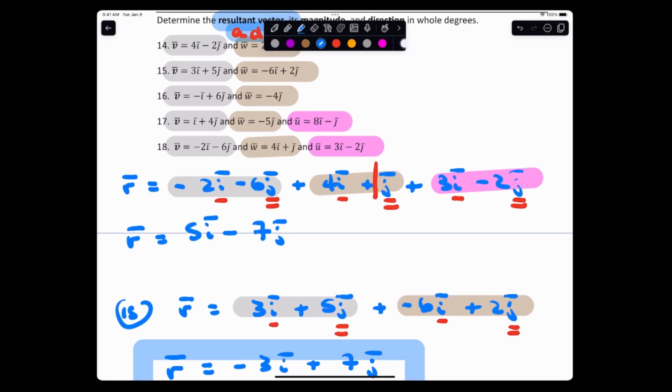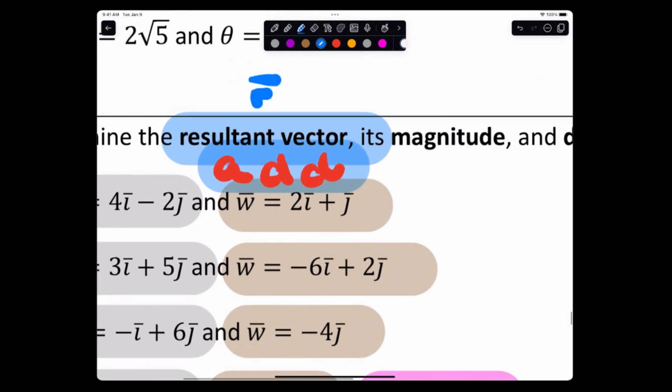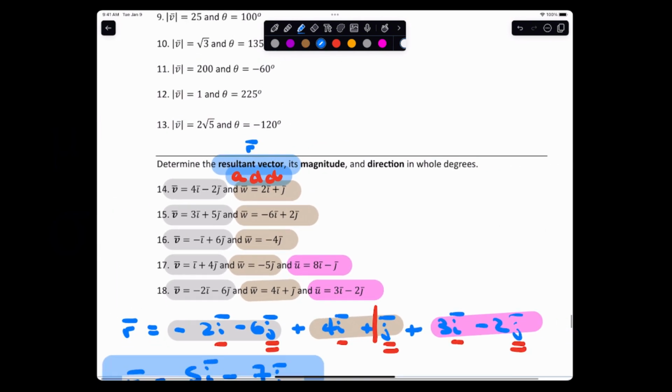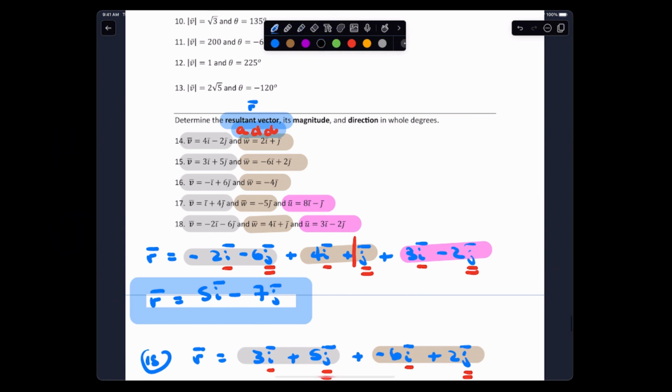This is the reason you care about the ij form, because when you do vector arithmetic, or I should say, when you find the resultant vector, the ij form is very, very useful, okay?